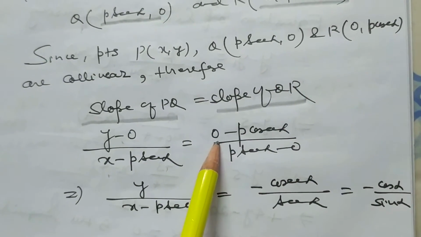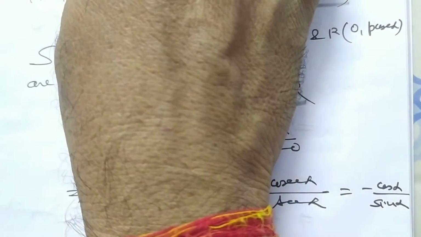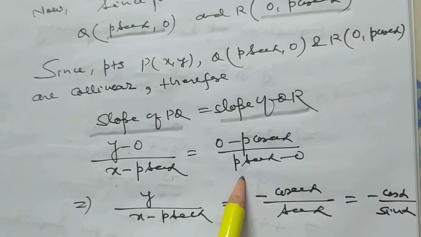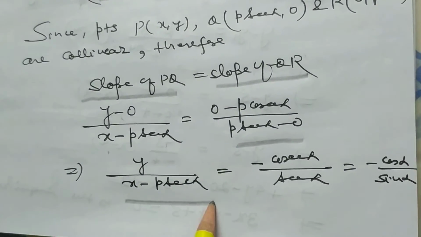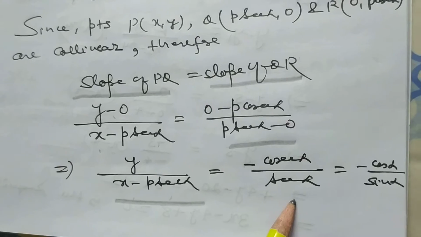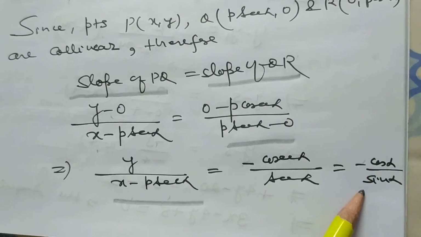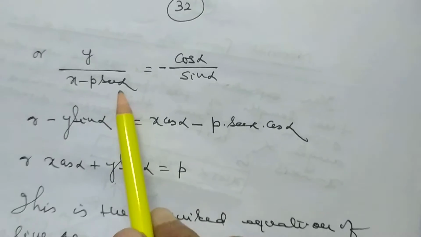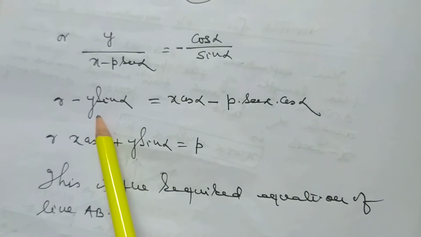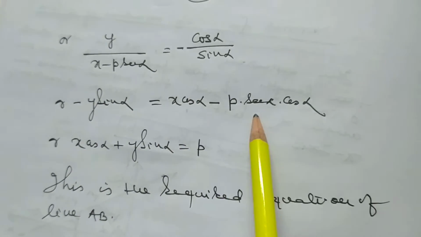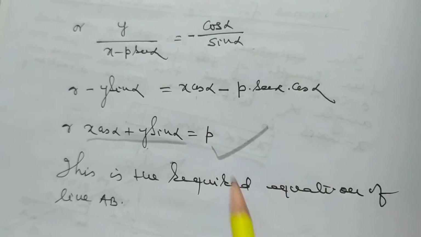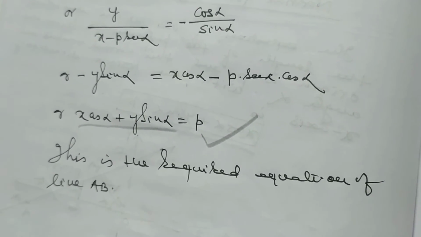The slope of QR is equal to (0 minus P cosec alpha) divided by (P sec alpha minus 0), and after simplifying we have y by (x minus P sec alpha) is equal to minus cosec alpha divided by sec alpha, so minus cos alpha by sin alpha. It will be minus y sin alpha is equal to x cos alpha minus P sec alpha into cos alpha. So x cos alpha plus y sin alpha is equal to P. This is the required equation of line AB.